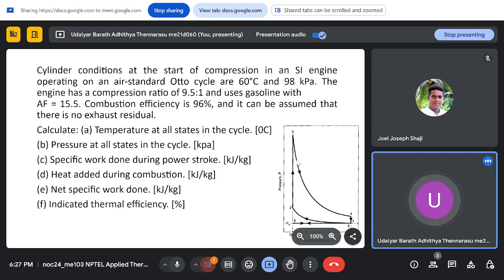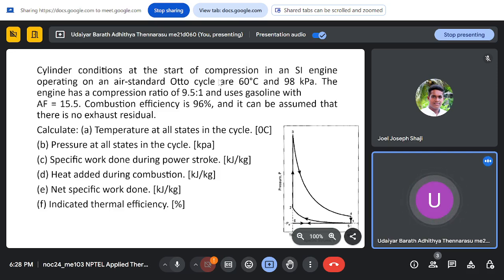They are saying that at the start of compression, at intake, state 1, your temperature is 60 degrees Celsius and pressure is 98 kilopascal. The engine has a compression ratio of 9.5:1 and uses gasoline with air fuel ratio of 15.5.